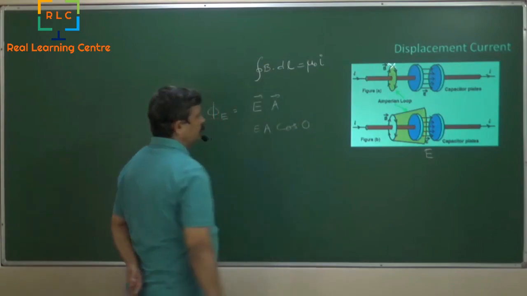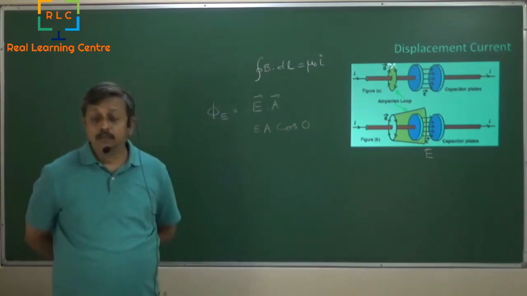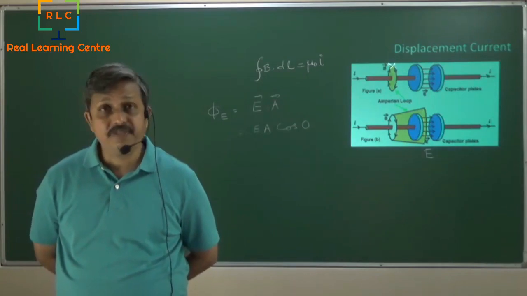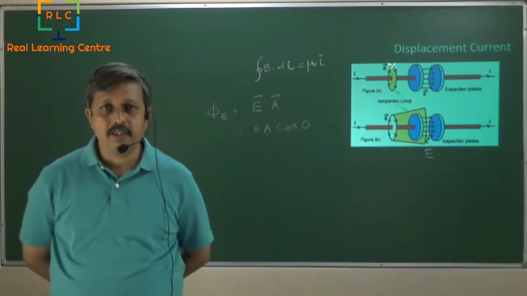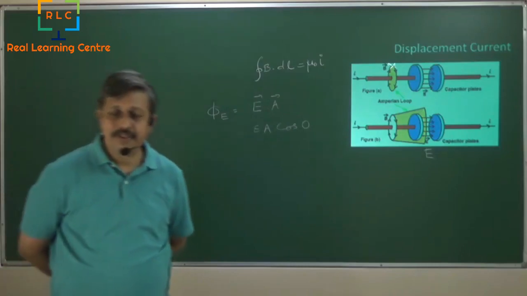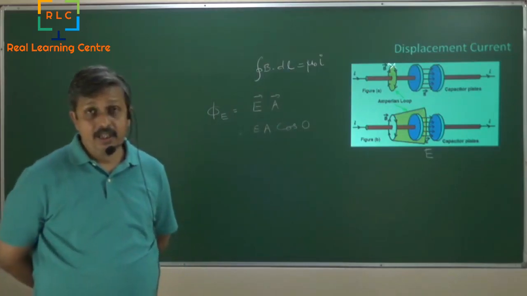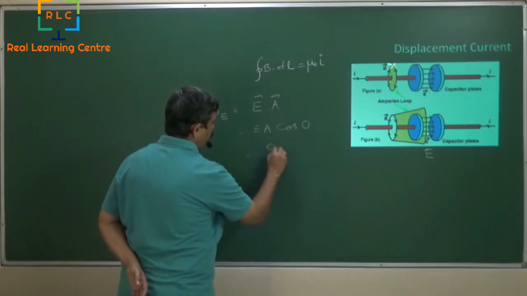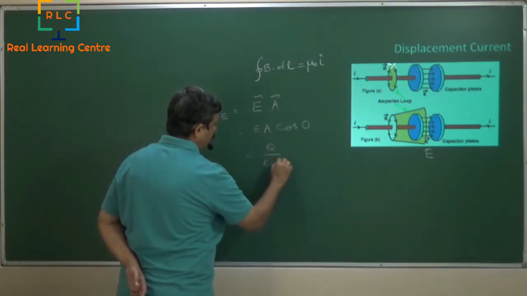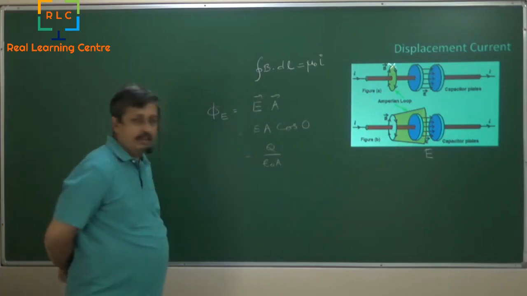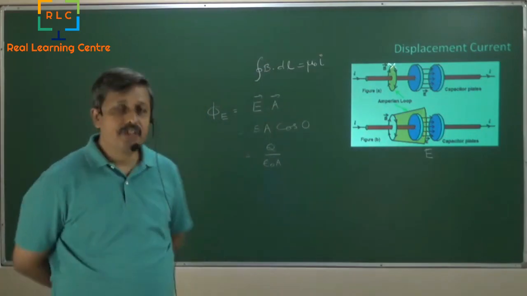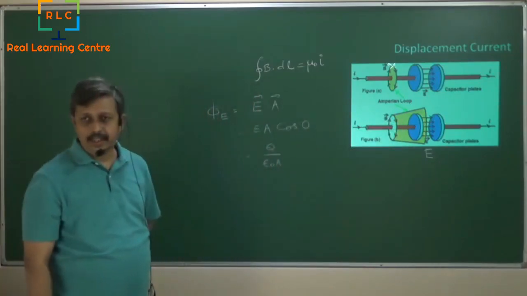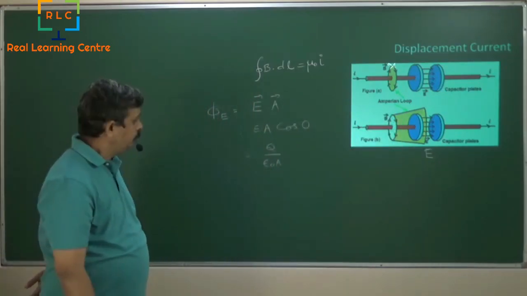Now, what is the value of E between two plates of a parallel plate capacitor? We have already computed earlier, which is Q by epsilon naught A, if Q is the charge on this.